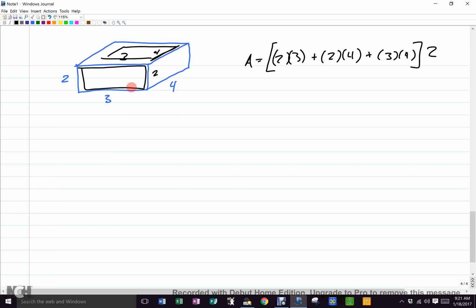Okay, so if I gave you this, pretend those all line up perfectly. Could you tell me the area of that red one?